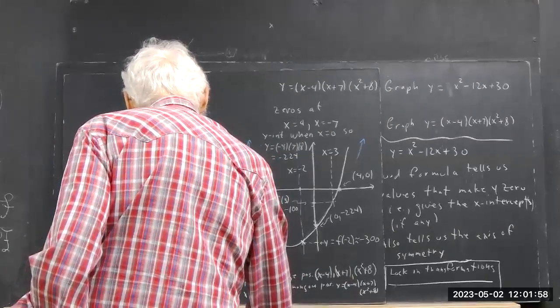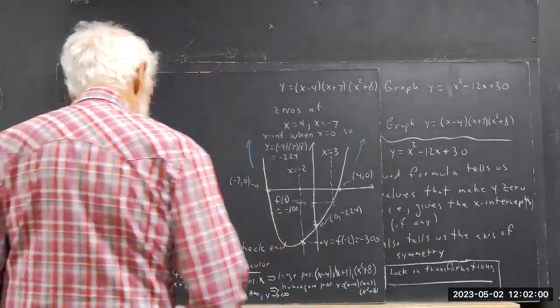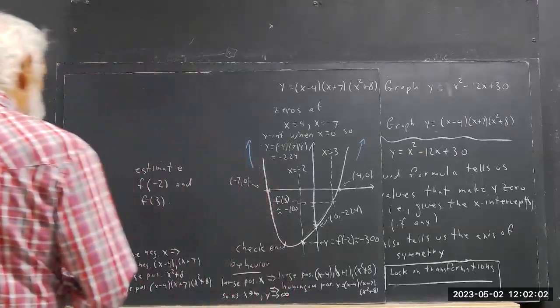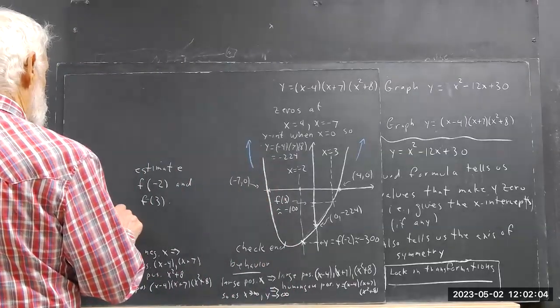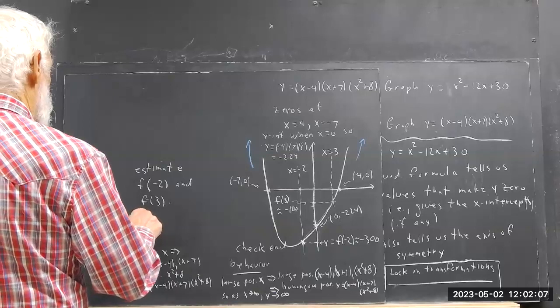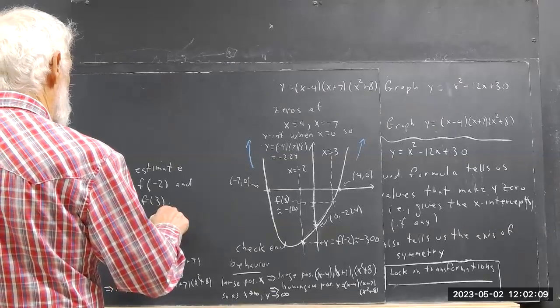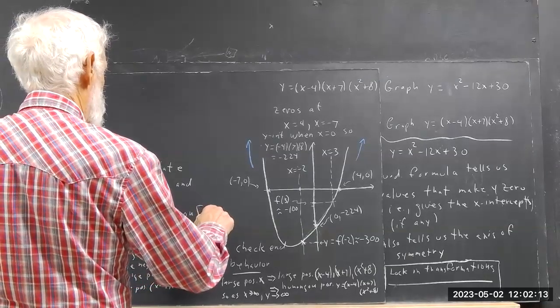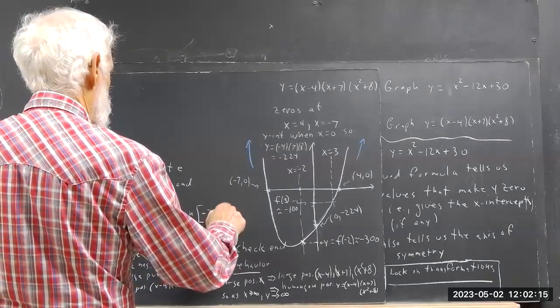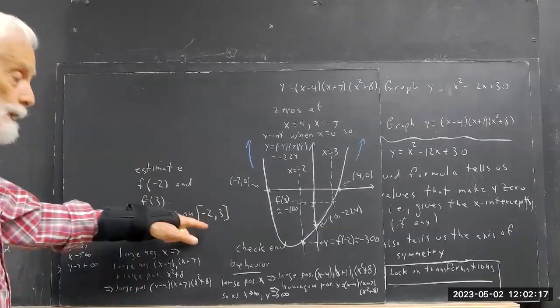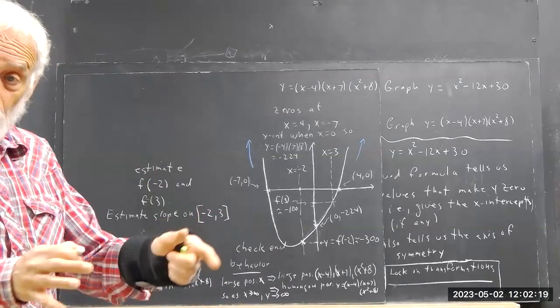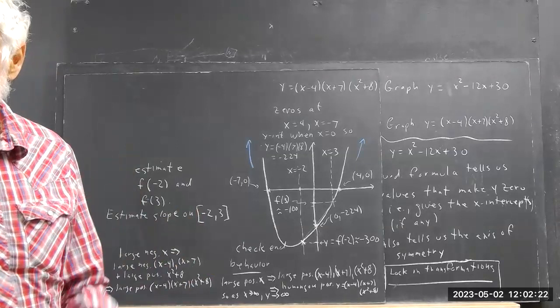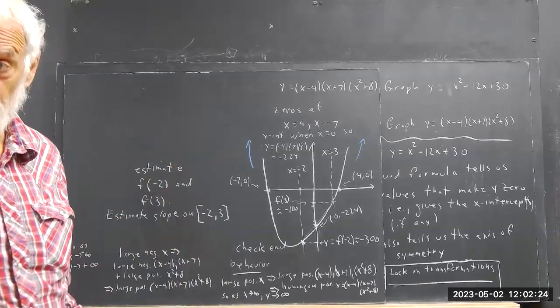Okay, then. What's the slope? Now, this means an interval. It's not parentheses, it's not a point, it's an interval. Make sure you understand interval notation.